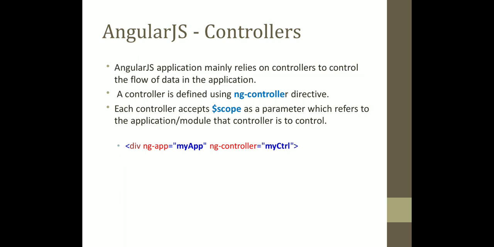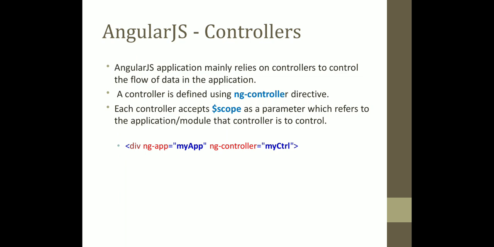The controller consists of core business logic. These are JavaScript objects which hold attributes and functions. The controller can be defined in an Angular application using a directive known as ng-controller. Till now we have seen the directives. So if you want to use the controller as a directive, we will use it as ng-controller.